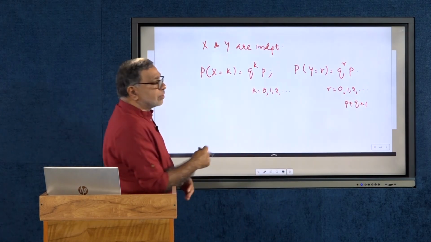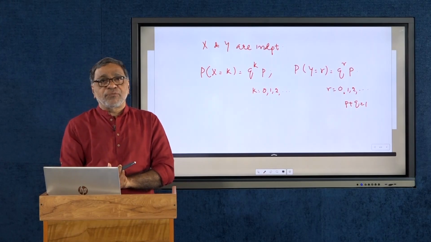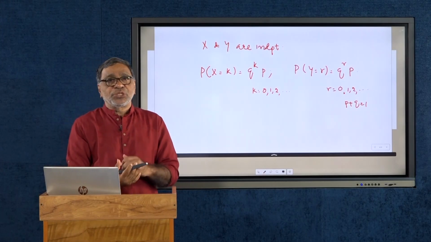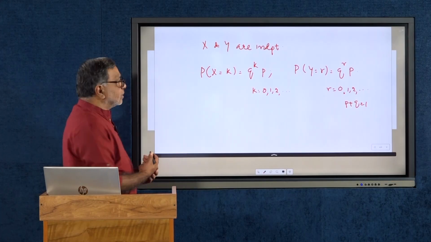So this is given to you: X and Y are two independent geometric random variables having the probability mass function like this. And the question is, find the probability of X equal to Y.